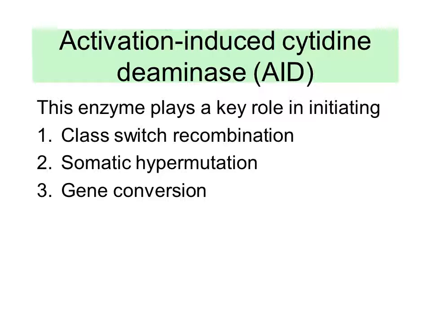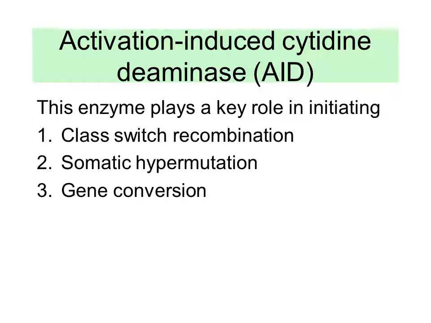That is very important, and this enzyme actually initiates three important things. Number one, it causes class switch recombination. Number two, it causes somatic hypermutation. And number three, it causes gene conversion.